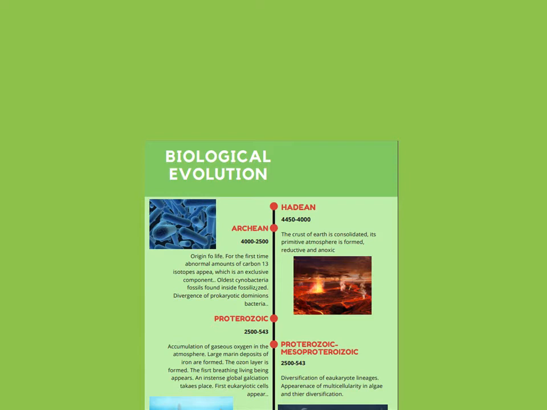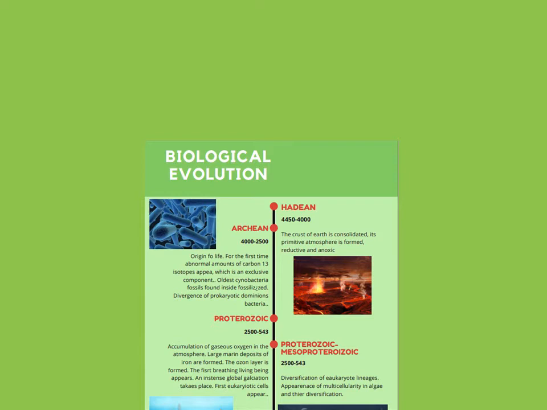The crust of Earth consolidated. Its primitive atmosphere is formed, reductive and anoxic, and the first seas and lakes are created. This means that basically everything was starting to appear, like lakes and seas.